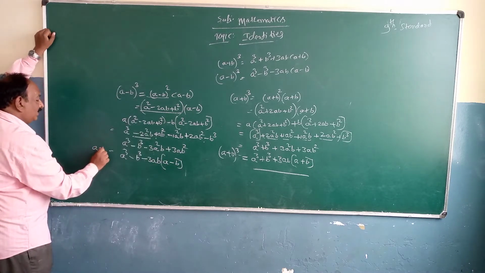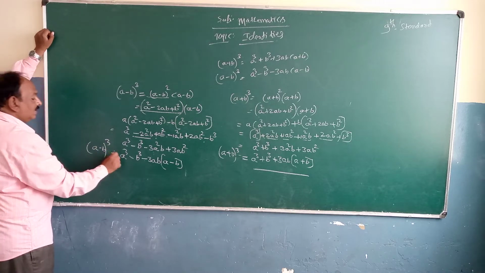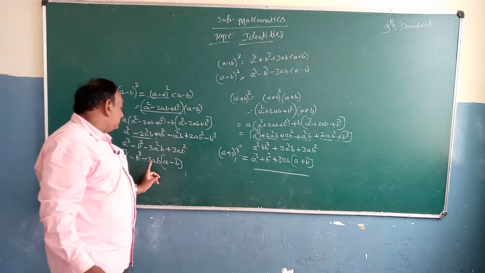So (a - b) whole cube is equal to a cube minus b cube minus 3ab into (a - b).